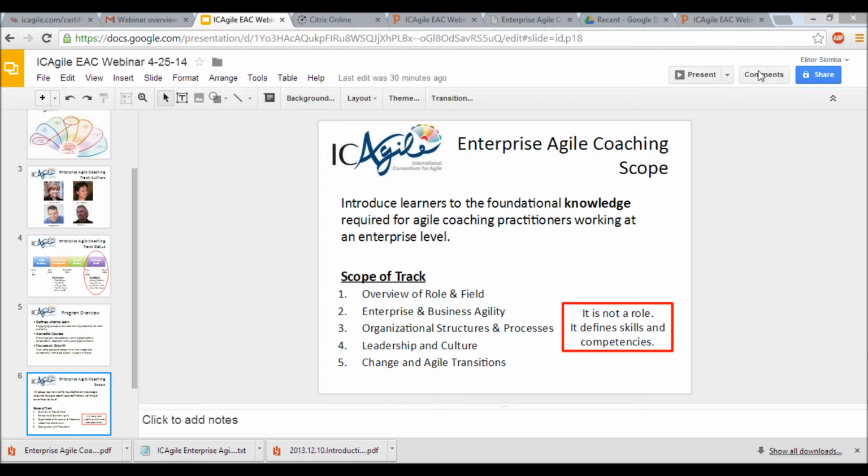I think it's important for you guys to know that we feel really strongly that not everyone in the world needs to become an Enterprise Agile coach, which is one of the reasons why this is its own track. Yes, it requires the prerequisites of the coaching and facilitation track if you want to move forward in those certifications.